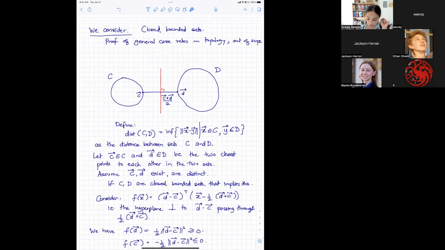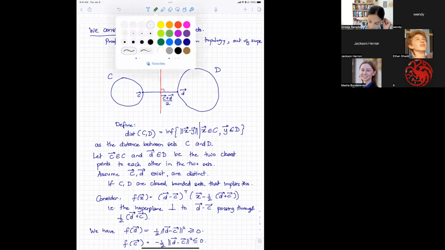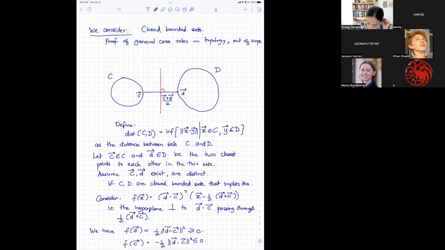And now I'm going to consider the vector that joins these 2 points. So this is my C and D. And I'm going to define the distance between the set C and the set D as this infimum. You can just think of it as a minimum for most purposes of the Euclidean distance.